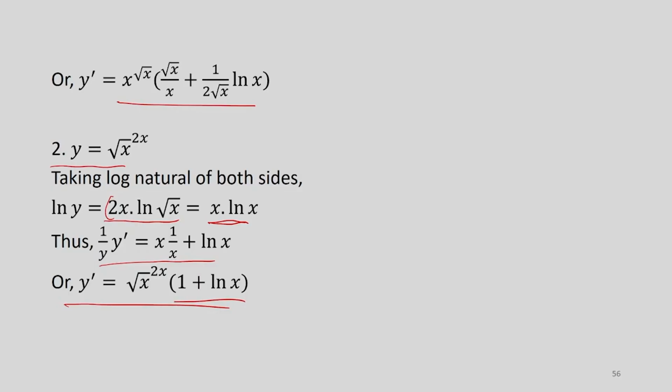Actually, root x to the power 2x comes out to be x to the power x, because root over that is nothing but x to the power half, and half and 2 get multiplied. So you get x to the power x, but that is the same thing as saying root x to the power 2x.